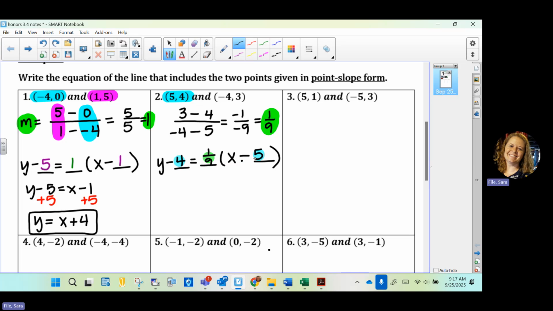So then if I need to adjust or simplify any signs, then I do that. This one doesn't. And when I say simplify signs, I mean if you end up with like minus a negative, you would simplify it to a plus. Okay, so here I need to distribute my 1/9.